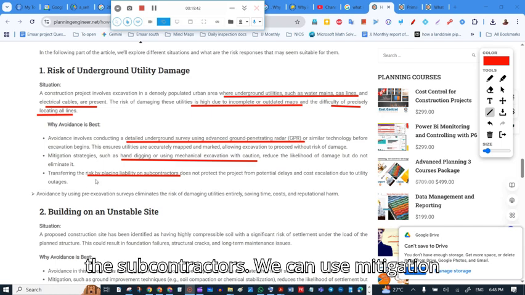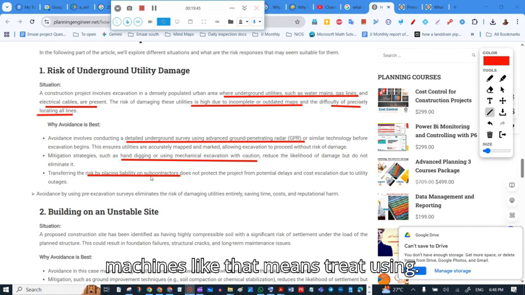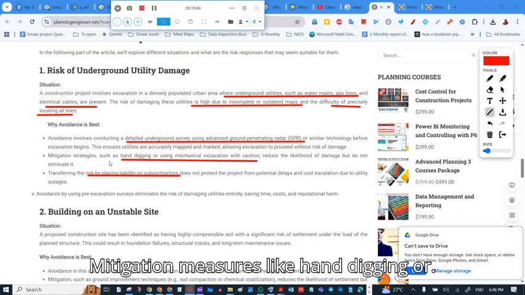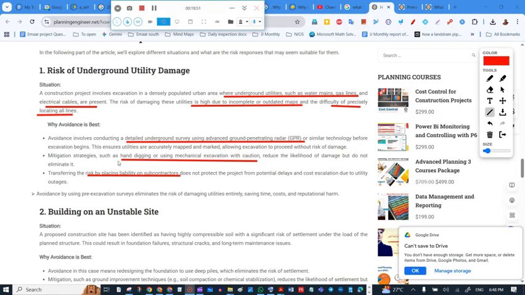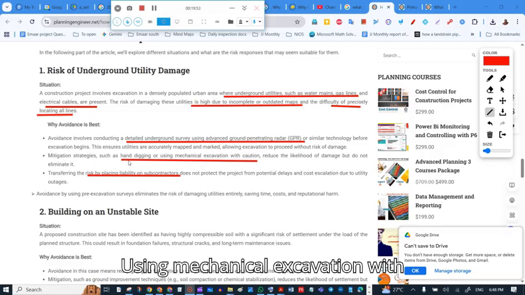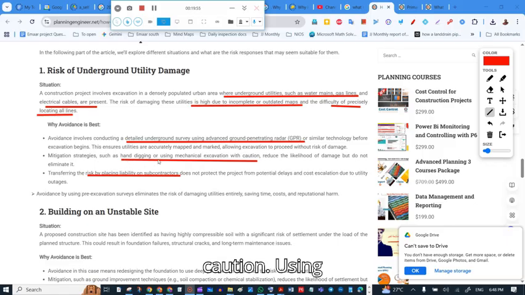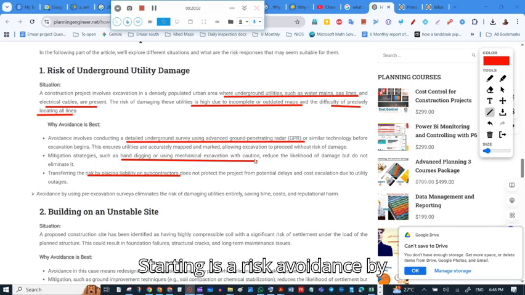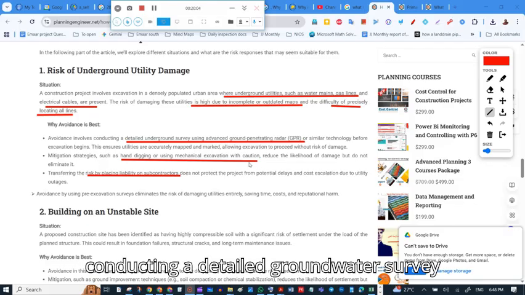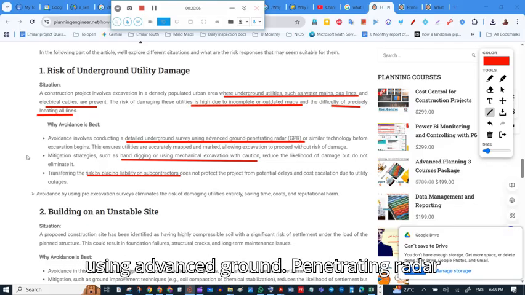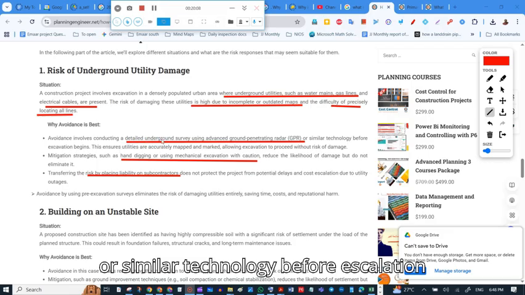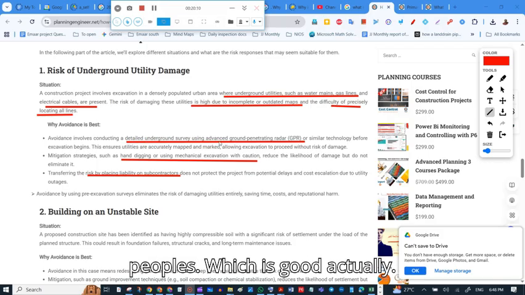We use mitigation measures like hand digging or mechanical excavation with caution, using trial pits, etc. The third is risk avoidance, by conducting a detailed subsurface survey using advanced ground penetrating radar or similar technology before excavation begins, which is good.